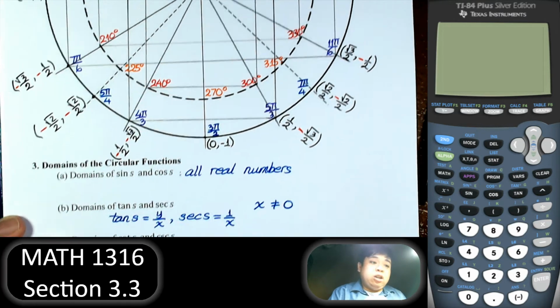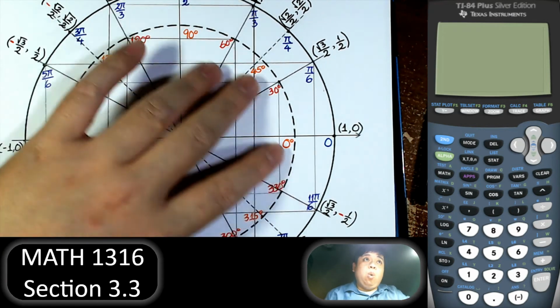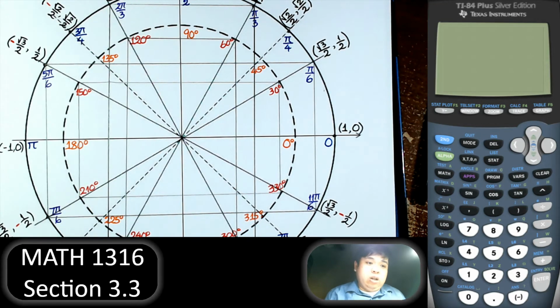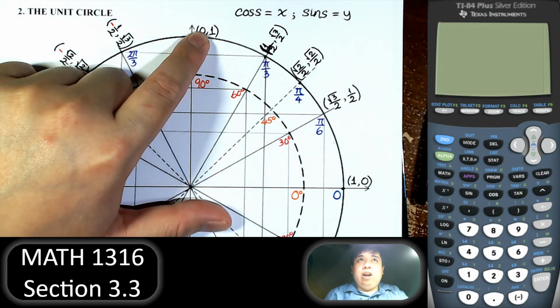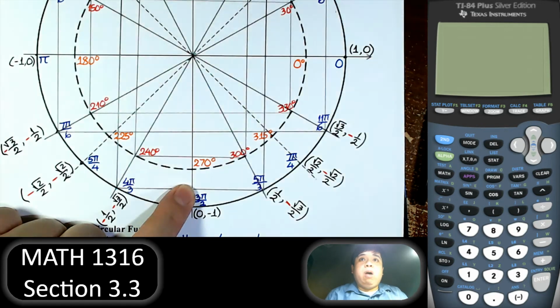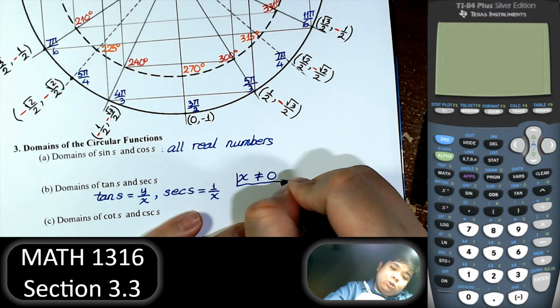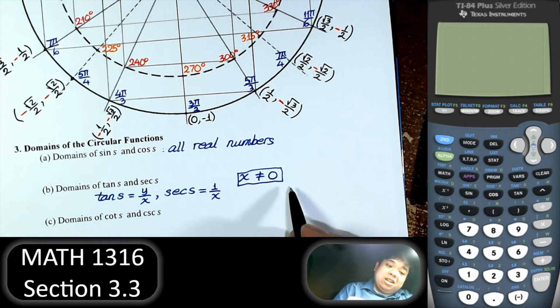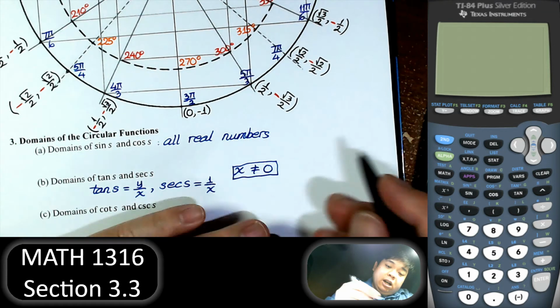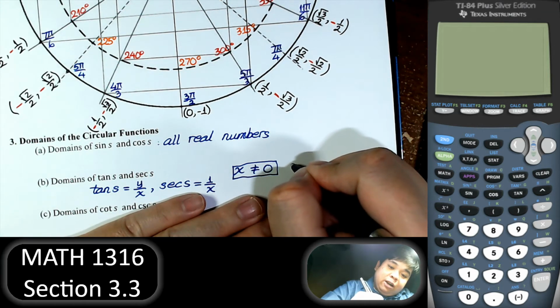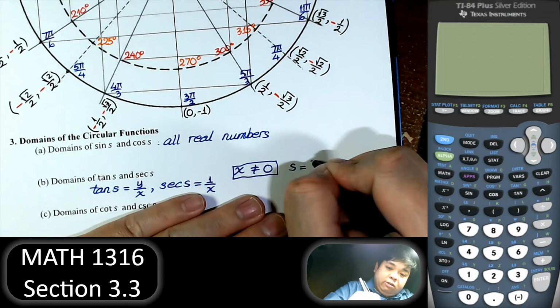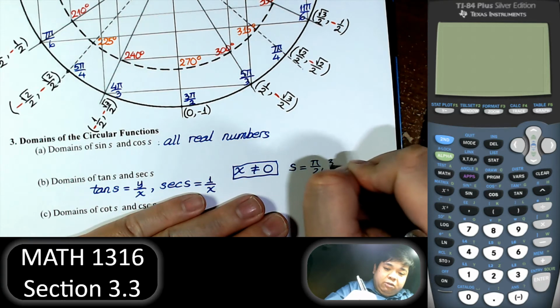If x is not equal to 0 on the unit circle, where is x not equal to 0? Well, I can tell you where x is equal to 0: pi over 2, 3 pi over 2. It doesn't work. So x not equal to 0 is the domain for tangent and secant. That means the angle is not equal to pi over 2, 3 pi over 2.